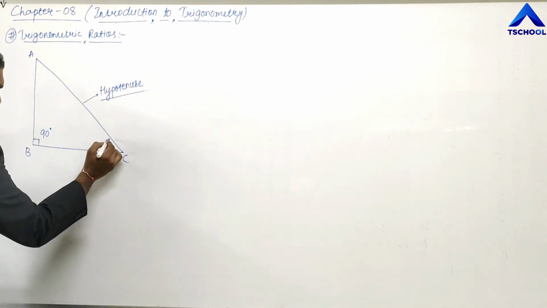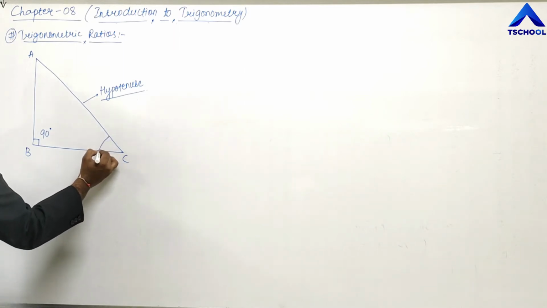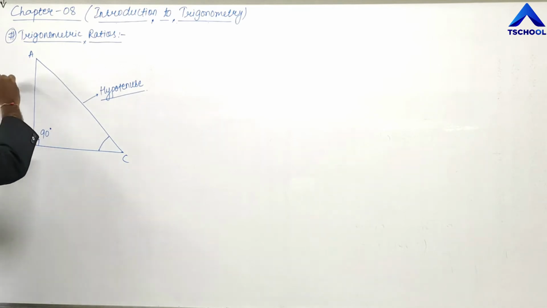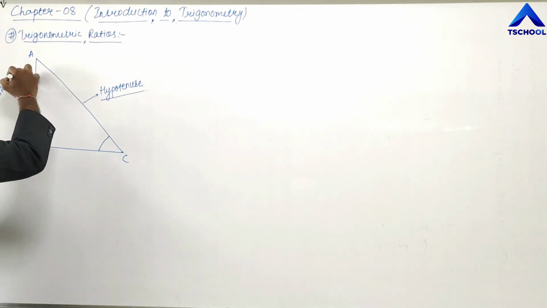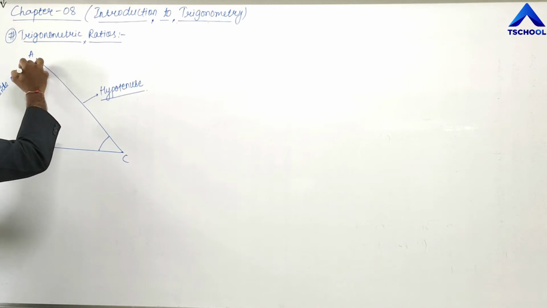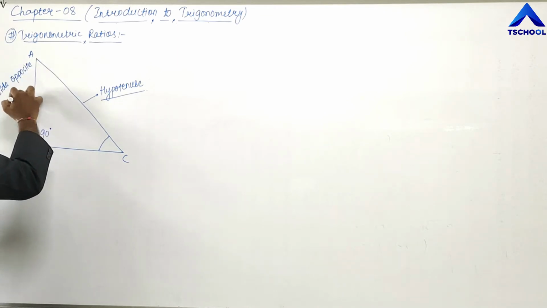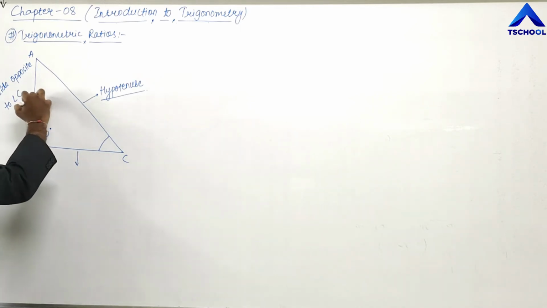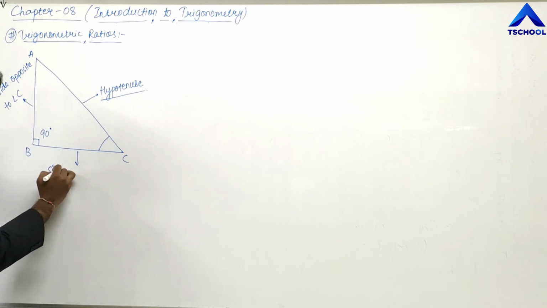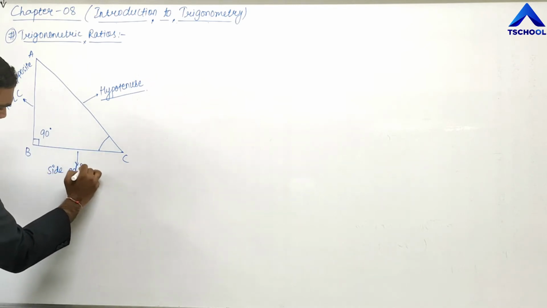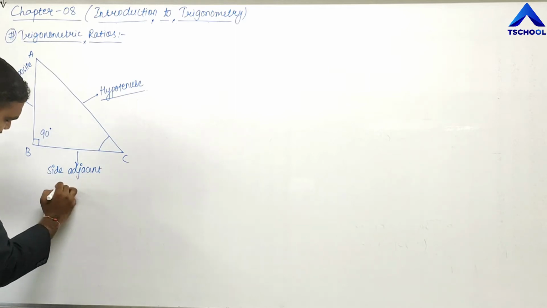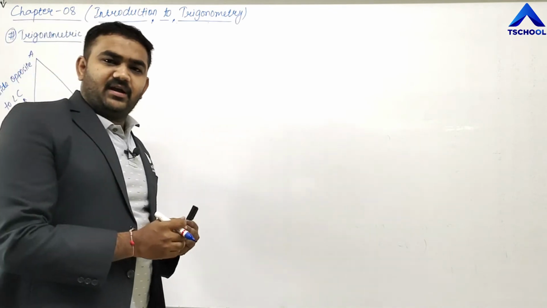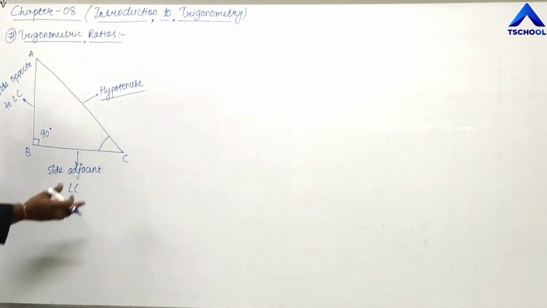If I take angle C as my ideal angle, then AB is known as the side opposite to angle C, and this is known as the side adjacent to angle C. Adjacent means near, and opposite means far away from that.